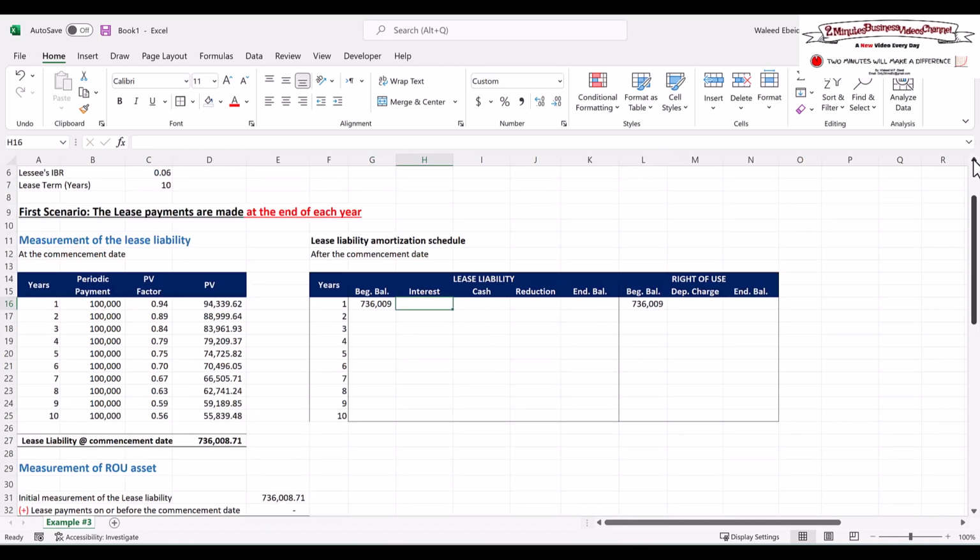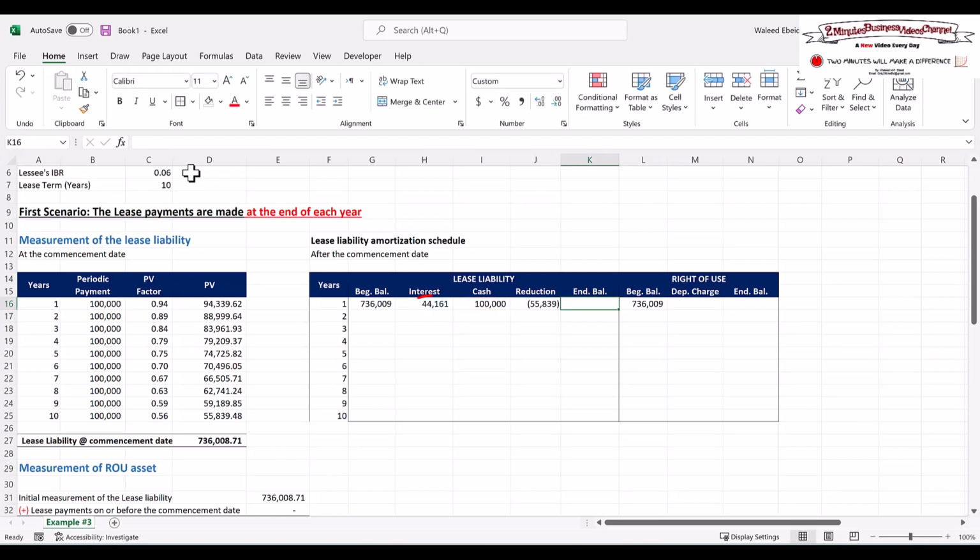The interest charge is the beginning balance of the lease liability multiplied by 6%, and note that this balance is outstanding for the whole year, because the lease payments are made at the year end. Insert the lease payment. The reduction in the carrying amount of the lease liability is the difference between the interest charge and the lease payment.